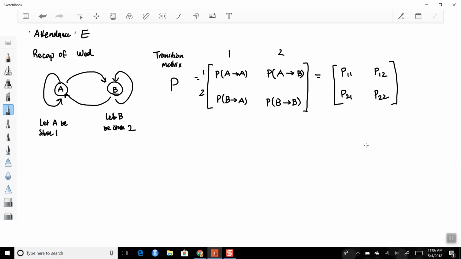Okay. And we have the property, P has the property where the row sums equal 1, right?